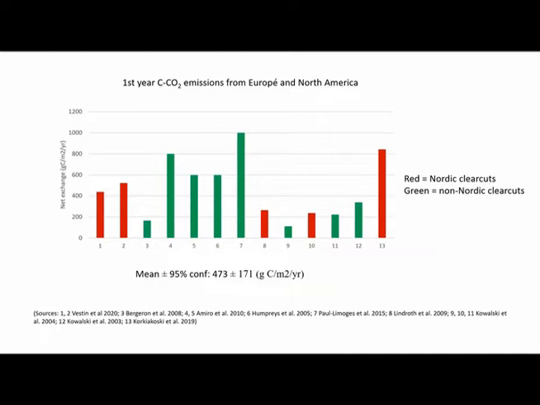You can see that there is quite large variation depending on the fertility of the system, moisture of the system and so on. But the average first-year emission is quite substantial, 470 grams of carbon per square meter per year, with a 95% confidence interval of plus minus 171. Even if the variation is large, all systems show a significant loss of carbon dioxide during this period.